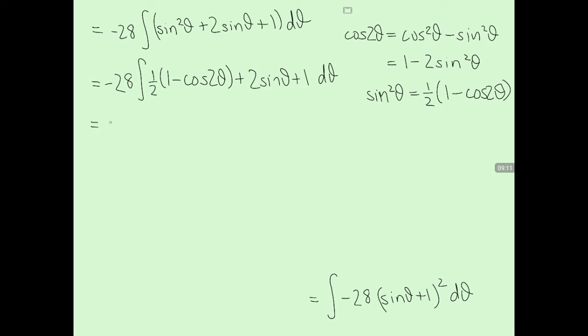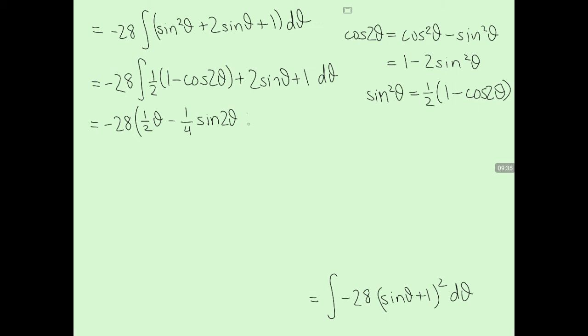So we have negative 28 times 1/2 theta minus 1/4 sine 2 theta.